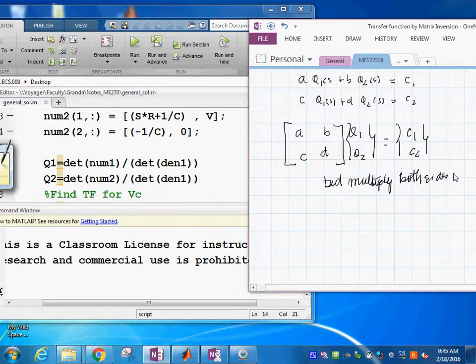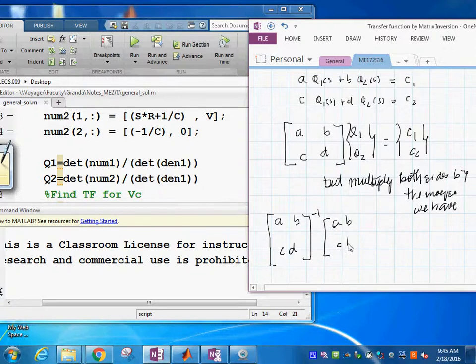Multiply the other side also by the inverse of this, and then C sub 1 and C sub 2. But you see in here, the result of this operation that we just did is that this thing is the identity matrix, right?